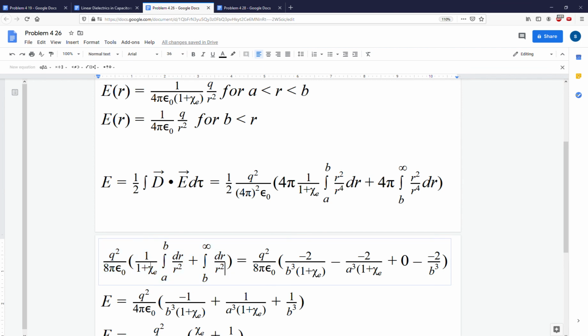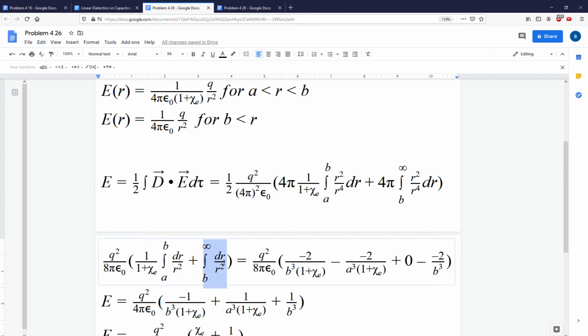Now time to evaluate these integrals. The indefinite integral of 1/r squared is -2/r cubed. So for this first term from b to a, -2/b cubed times 1/1 plus chi e minus -2/a cubed times 1/1 plus chi e.